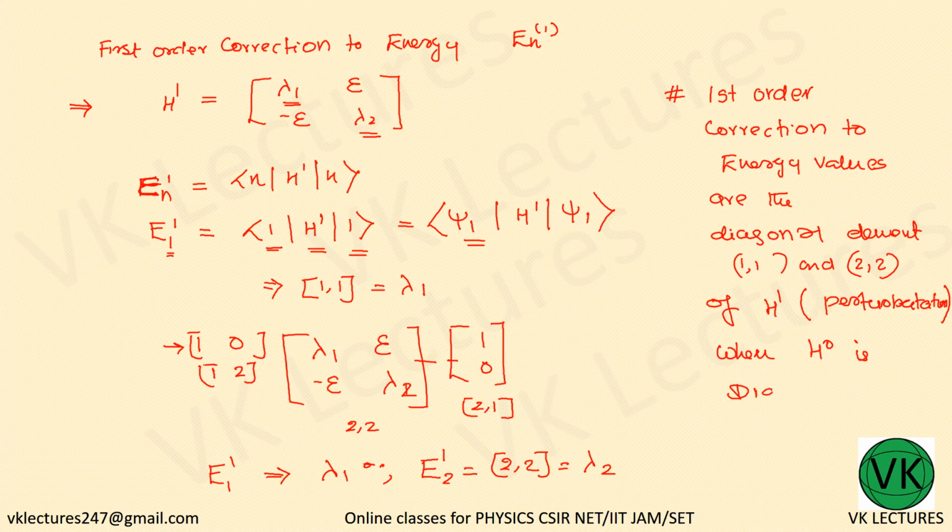This is applicable only when H naught is of the form A, B, C, etc. All other elements should be 0. If H naught is something like this, which is diagonal, then the first order correction to the energy will be 1, 2. That means diagonal elements. Okay.